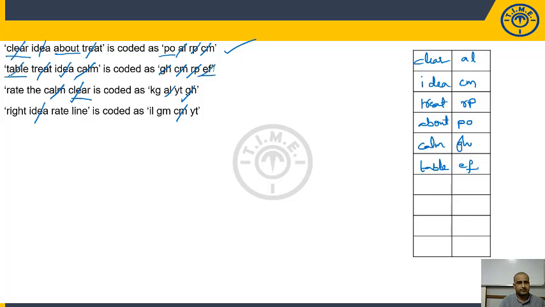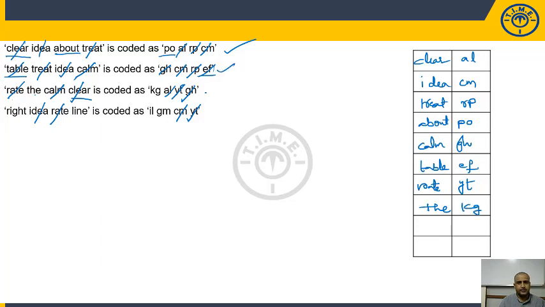Now rate the third statement. In the third statement and in the fourth statement the only term that is common is rate. So the common code is YT. Now the leftover word in the third statement is the, and the code is KG.